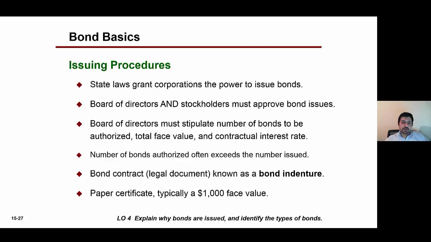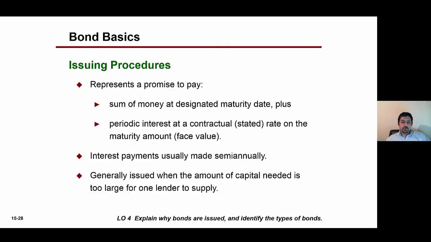The paper certificate is usually done for a face value of $1,000, and usually what it says is basically a promise to pay the full amount on the maturity date, which is a specific date in the future, as well as interest amounts that are usually paid periodically.